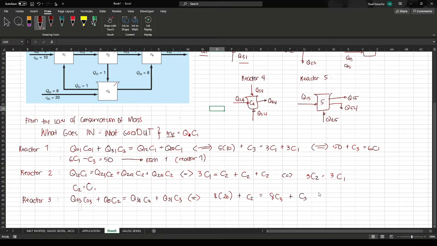So that is 160 plus C2 equals 9C3. So therefore, negative C2 plus 9C3 is equal to 160.